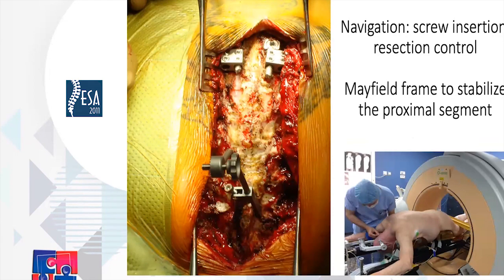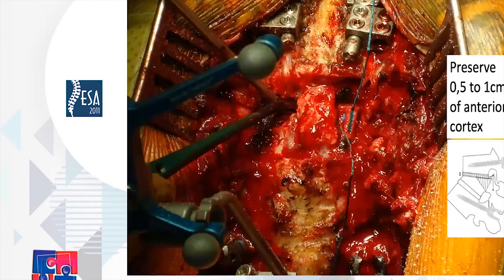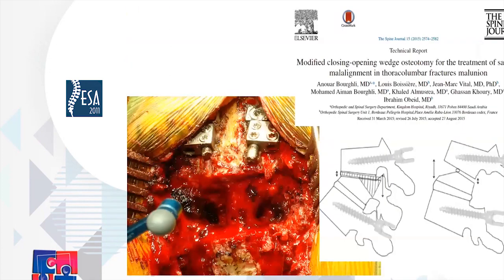Associated to the Mayfield frame fixation, there is no need for temporary rods in our technique. We usually include the disc above inside the resection, performing what we already described as modified closing opening wedge osteotomy, or MCO, that allows to increase the amount of correction without excessive shortening.